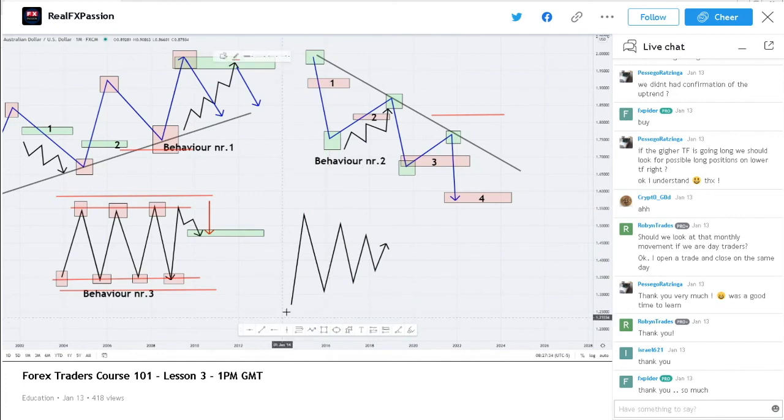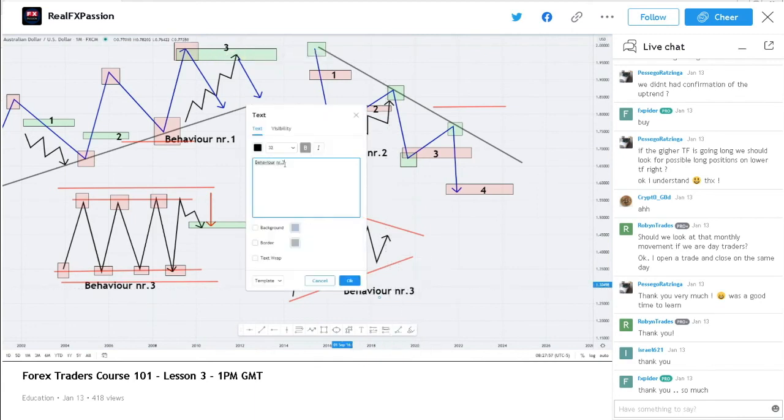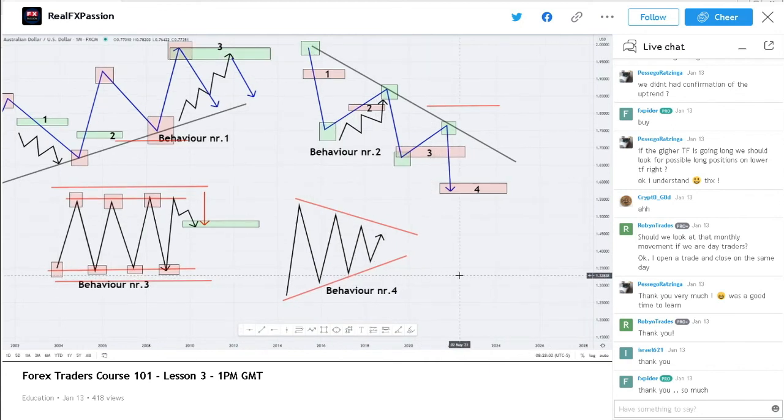Some of you are screaming, oh, but this is a wedge. Yes, but this is a market behavior that is not suitable for a beginner trader to trade. Remember, you are in a beginner's course. So clone, this is number 4. Don't trade this one if you find it on the chart.